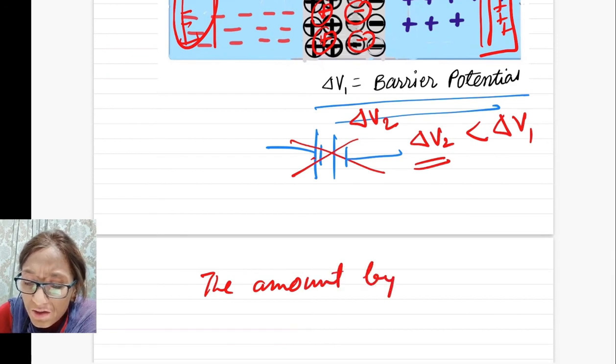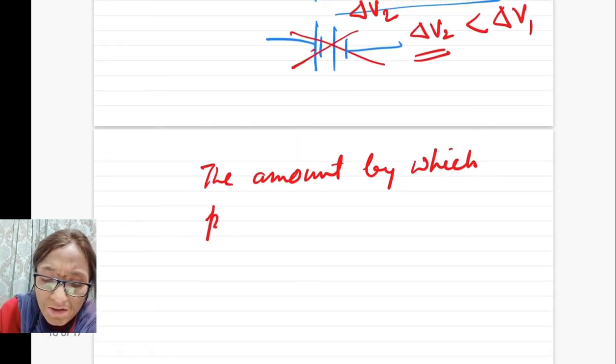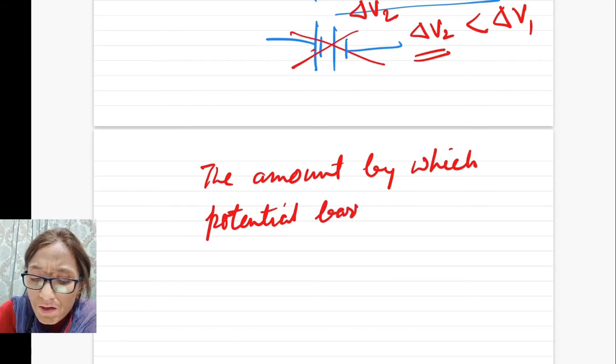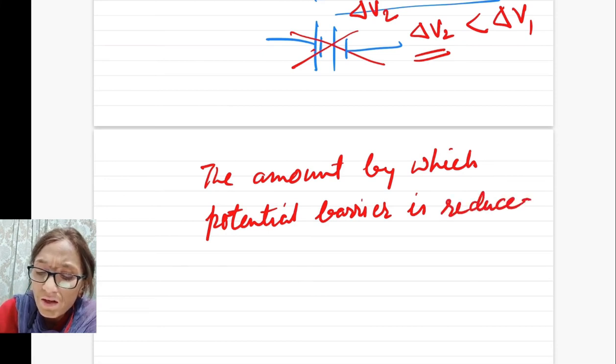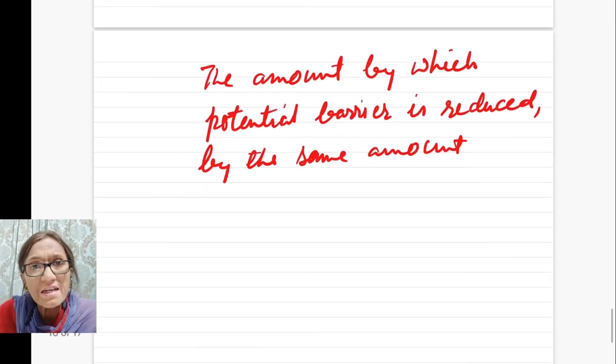The amount by which the potential barrier is reduced, by the same amount potential is increased at the end terminals.